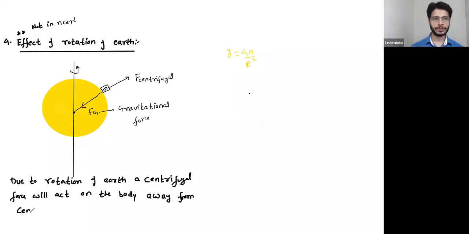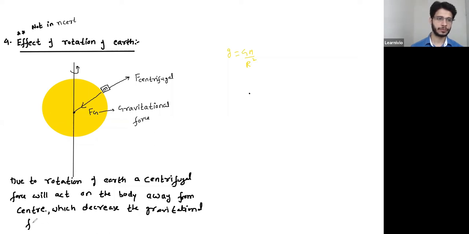So away from the center and along the body, a centrifugal force will act, which decreases the gravitational force and hence acceleration due to gravity.